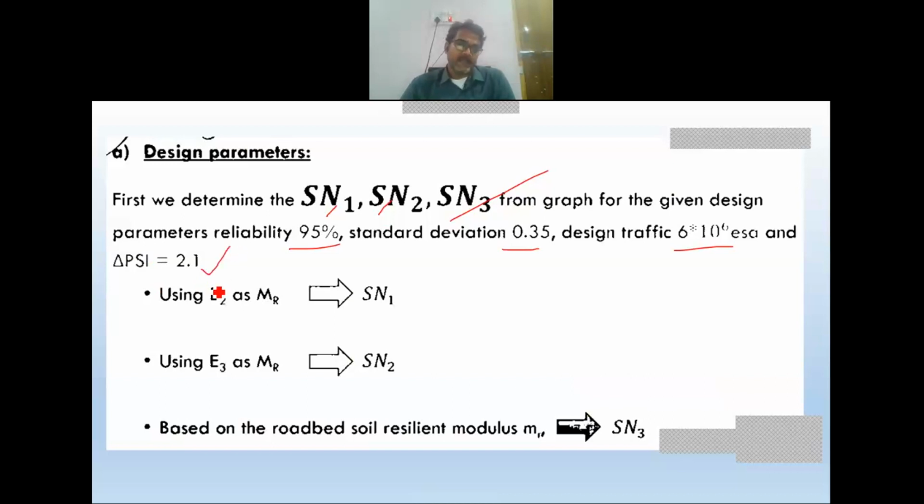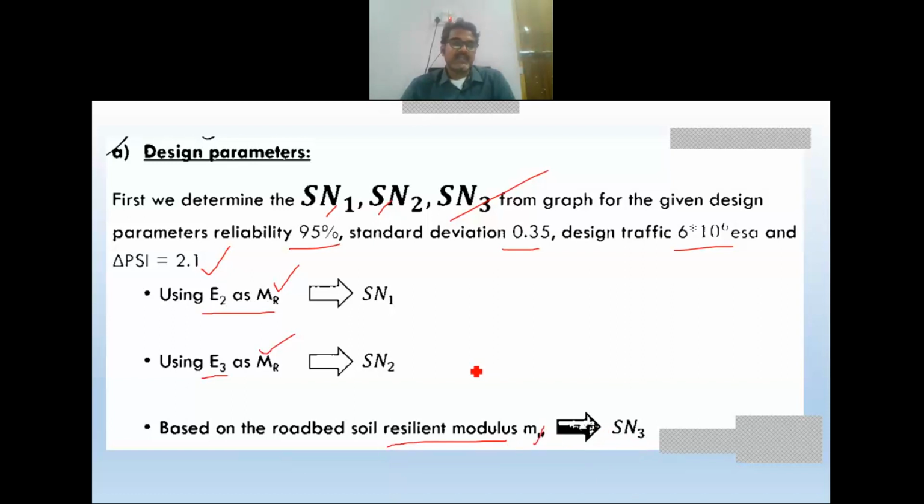Okay, right. Now these SN1, SN2, SN3 are calculated based on the elastic modulus as resilient modulus, E3 as resilient modulus, and roadbed soil, that is subgrade soil, elastic modulus, that is resilient modulus.